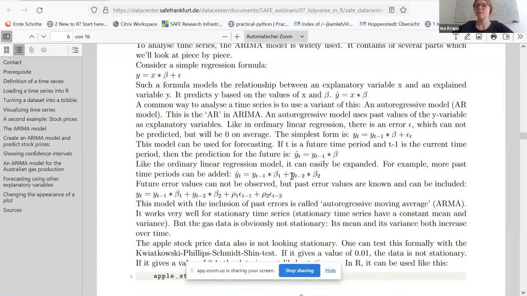In this case, since we know the y variable's values on both sides and we know the beta, we can also calculate what the actual error term was like.